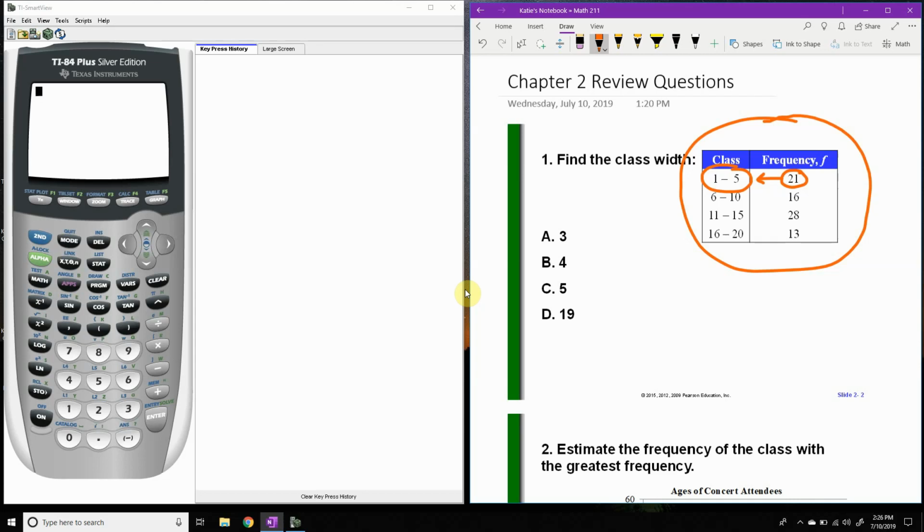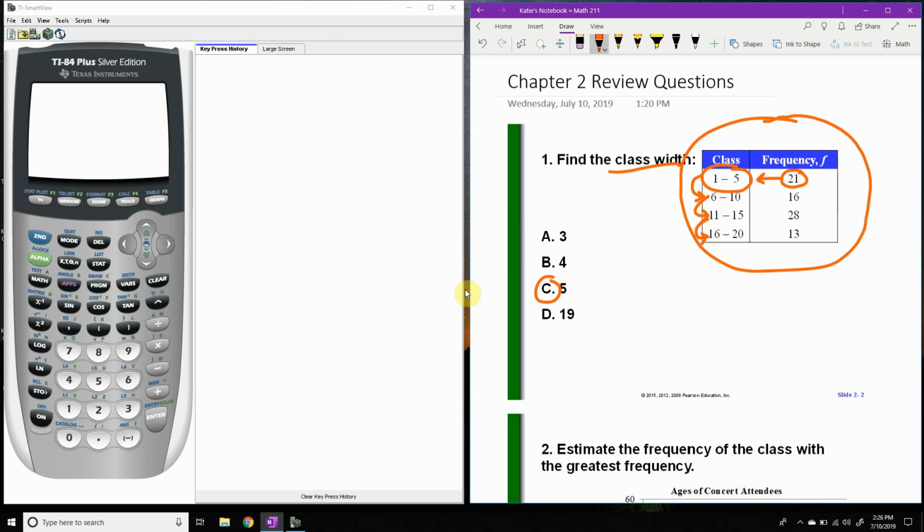So frequency distributions are designed so that all the classes are equivalently sized in terms of the class width. Essentially what we're finding here is the distance between one class's lower limit and the next class's lower limit. So we'll notice that between the lower limit of the first class and the lower limit of the second class, that's a distance of 5. The same is also true between the second and the third and the fourth. So our class width is just an equivalent distance that ends one bin and begins the next bin.